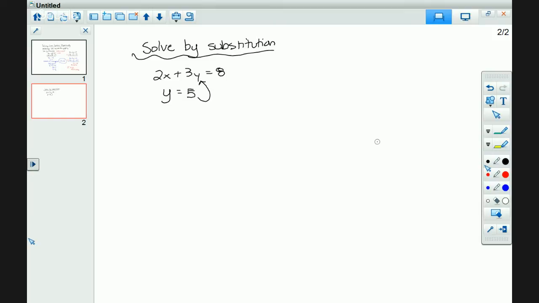Make it easy. That's substituting. So substitution is really nice if you're given x equals or y equals. If you're given one of those two items, I would automatically default to substitution.